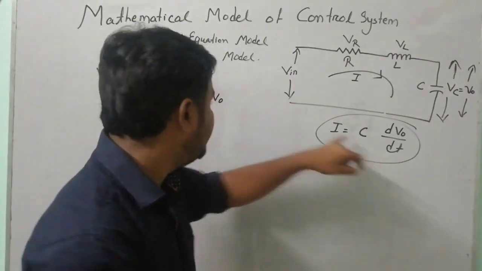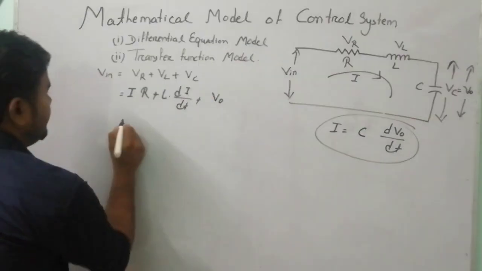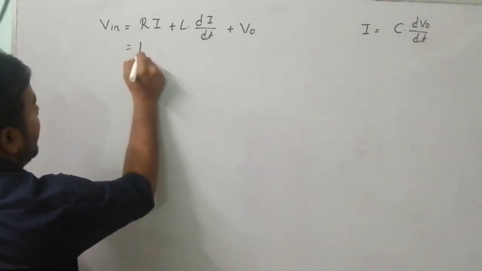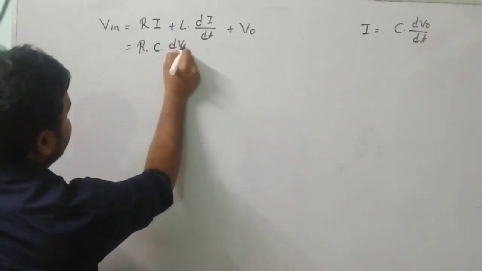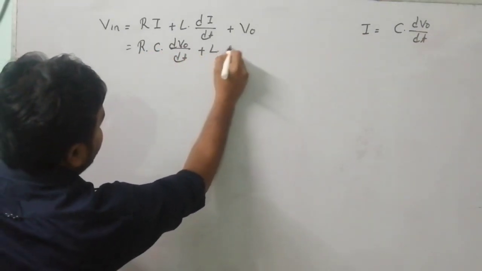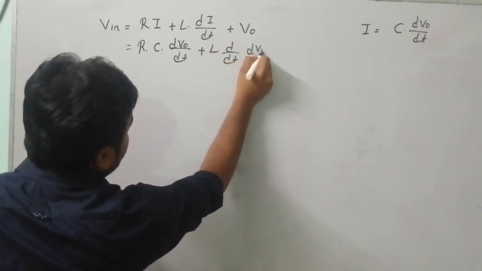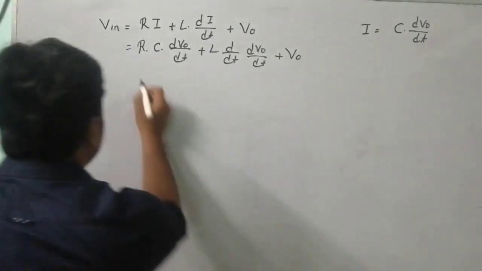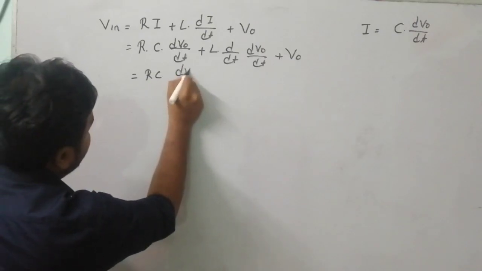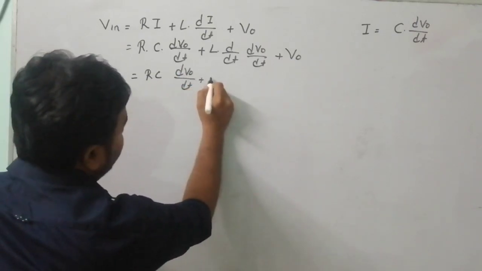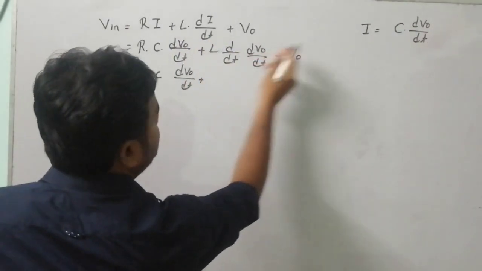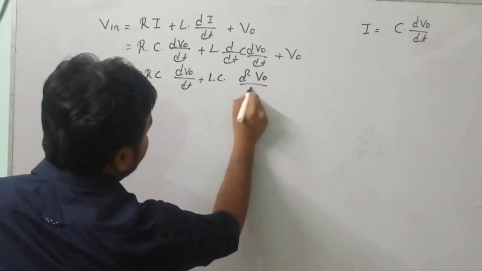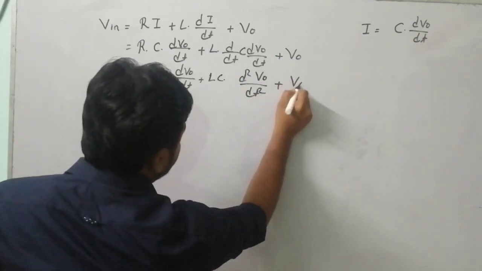If we put this value in this equation, what will we get? Putting the value of I in this equation, we get Vin equal to R into C into dV0 by dt plus L into d by dt of C dV0 by dt plus V0. If we simplify this equation, we get RC dV0 by dt plus LC d square V0 by dt square plus V0.